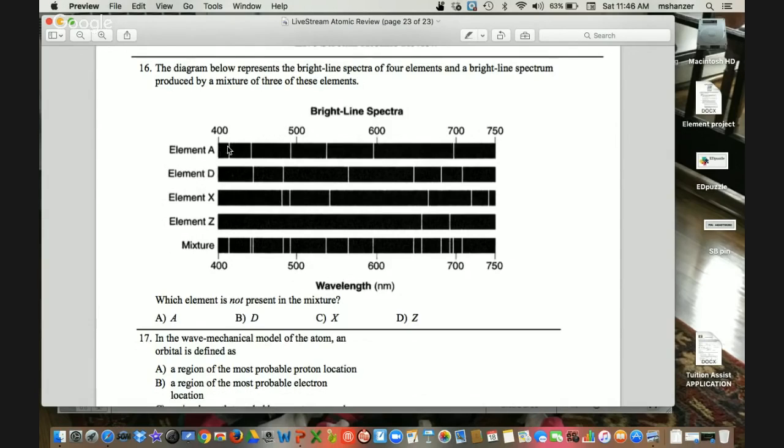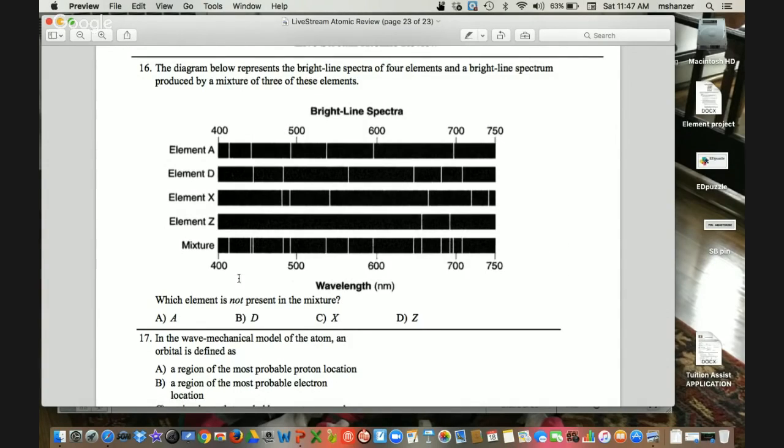So when we talk about any one particular element being present in the mixture, every line for that element must be present in the mixture. If every line is not present, then we can understand that it's not going to be present. You can't have some of the lines for an element in the mixture and say the element is there. Every single line must be present.